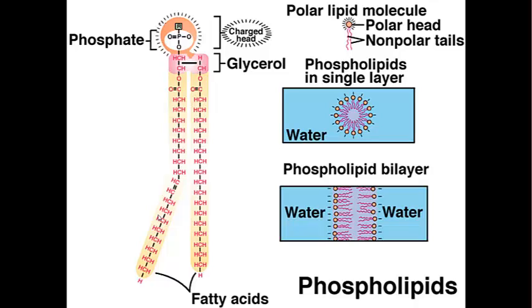Hydro meaning water, phobic meaning scared of. And then we have the head, which is hydrophilic. Hydrophilic means water loving. So these things can be exposed to water while these will not, meaning the water will pass directly through the cell membrane, but it should not stay within the cell membrane.